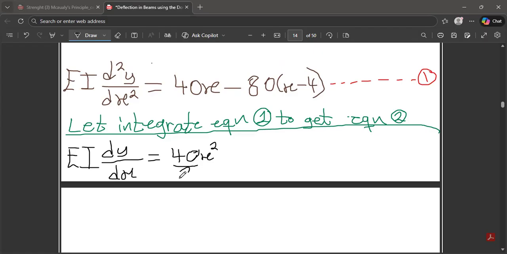Take note that you can never use your 2 to divide the 40. If you use the 2 to divide the 40, you'll be in a serious problem. So just leave it as it is because we are not done. We are trying to establish a relation that we can use to find our constants. Anytime you integrate, you are going to surely meet a constant.